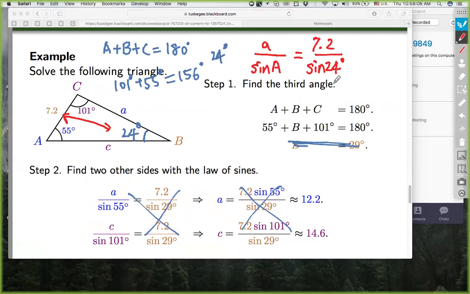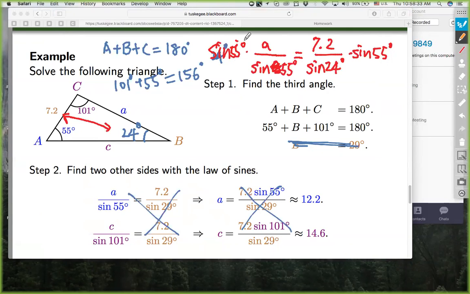And then we multiply both sides. For a, we also know the angle A, right? Angle A is 55 degrees. So the next step is to multiply both sides of this equation by sine of 55, and cancel this out.